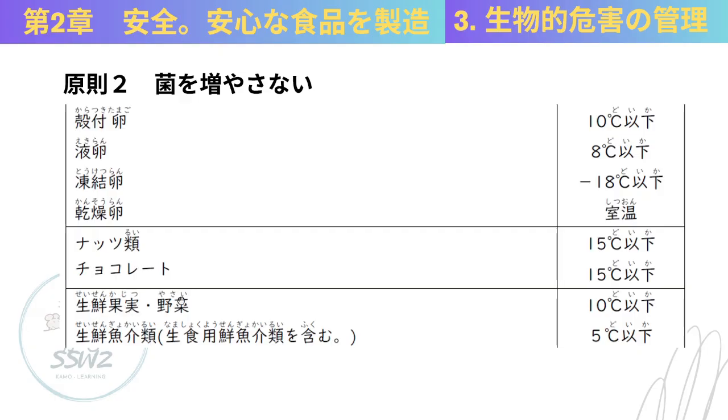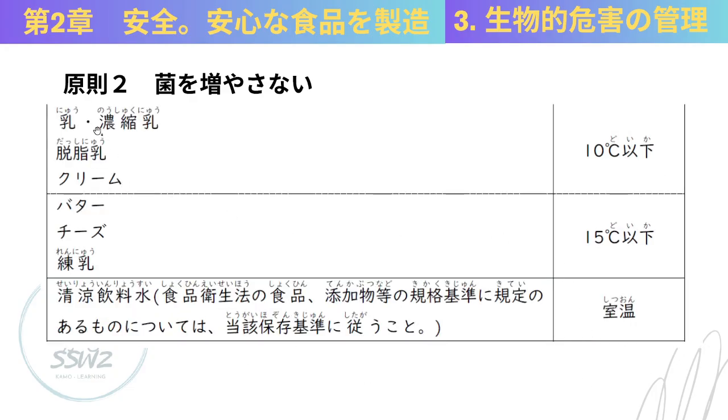Seisen karisu yasai. About fresh fruits and vegetables, about 10 degree. Seisen yokai. Fresh fish meat about 5 degree. New, no sugar new. So about milk we have 10 degree.